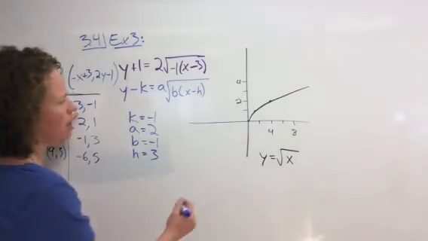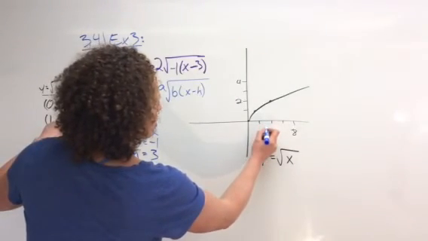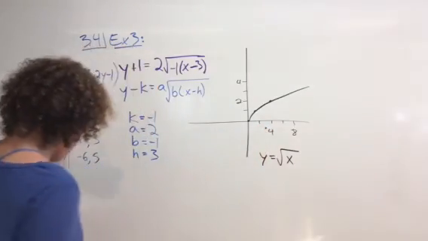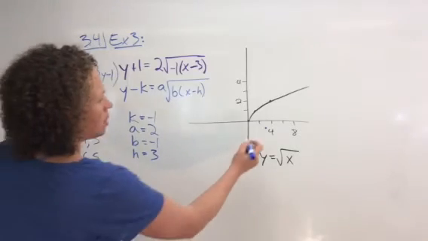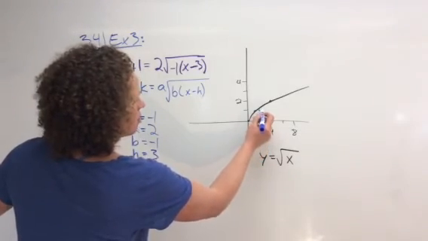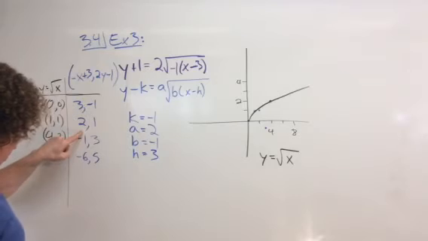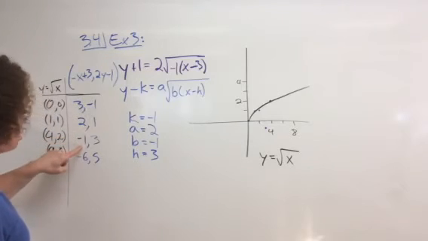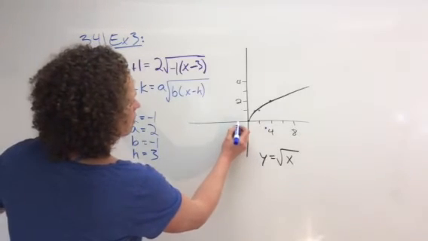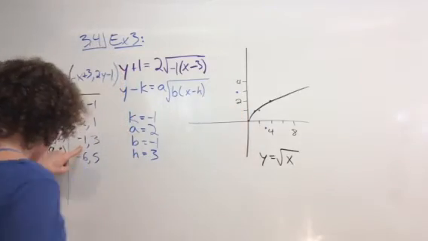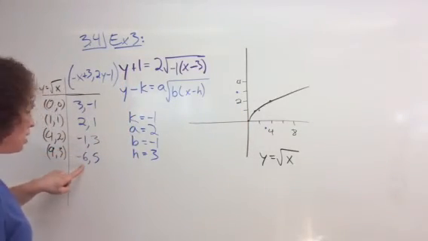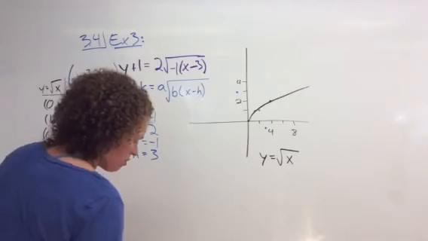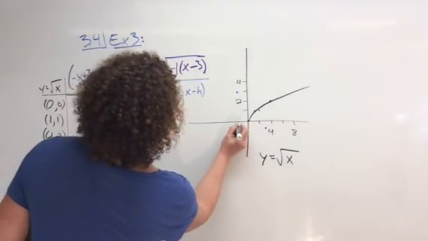So 3 and negative 1 is going to be about here. 2 and 1 going to be about there. And negative 1 and 3. Negative 6 and 5. I should probably put in some little clips on here.